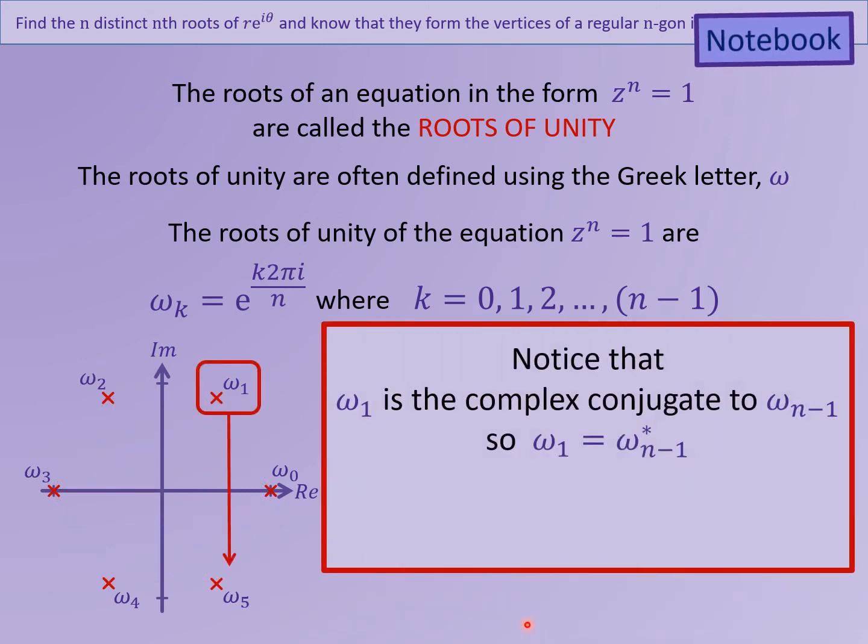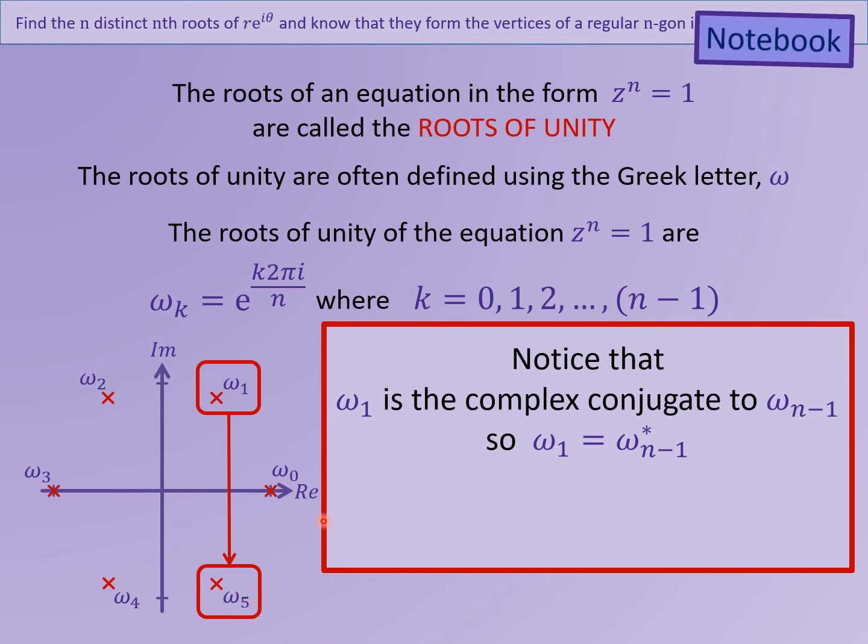Okay, some other important facts. W1, so that will be the second root in this case, when k equals 1, so 2 pi i over n, is the complex conjugate of W5. And regardless of whether n is odd or even, this is always true. The second solution is always going to be the conjugate of that one.